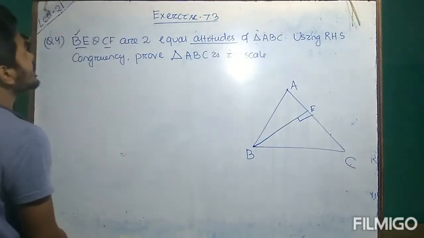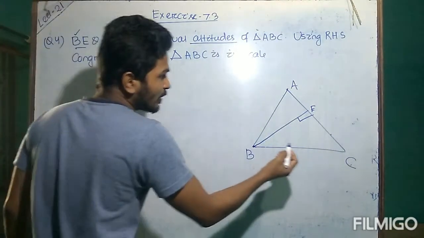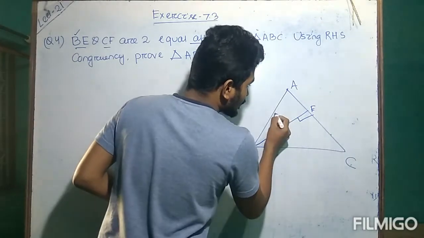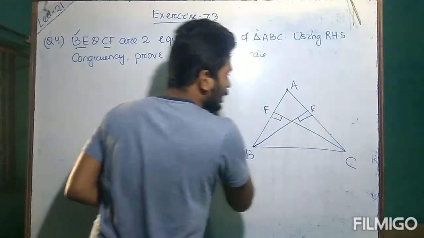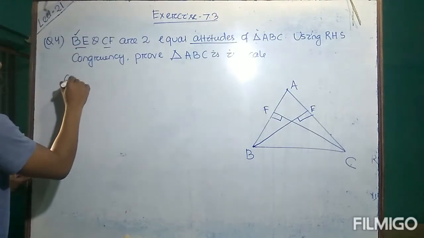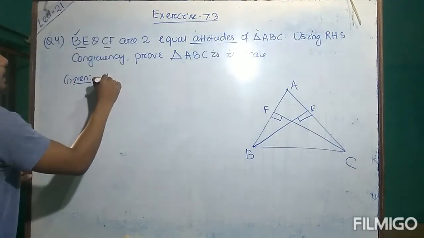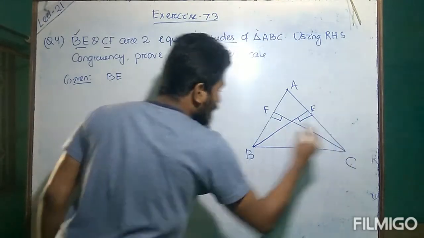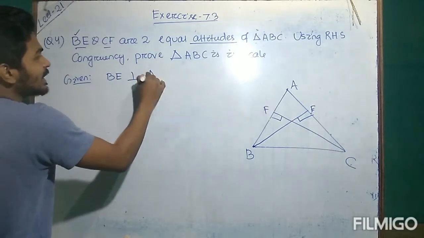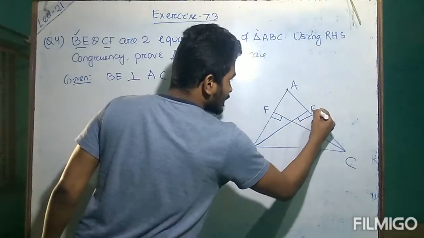And CF. So we start drawing from the vertex C. So let's draw CF. It is also perpendicular. So it is given BE is perpendicular on the side AC. This is given.